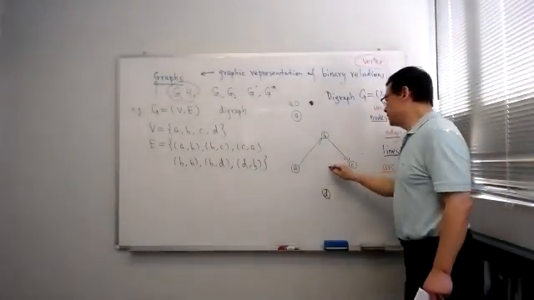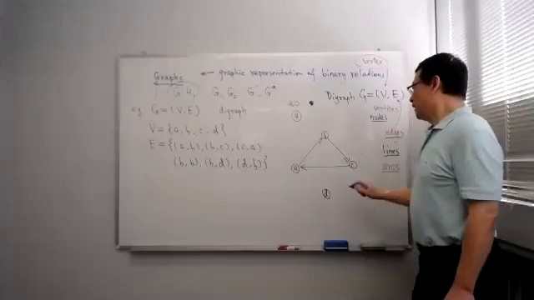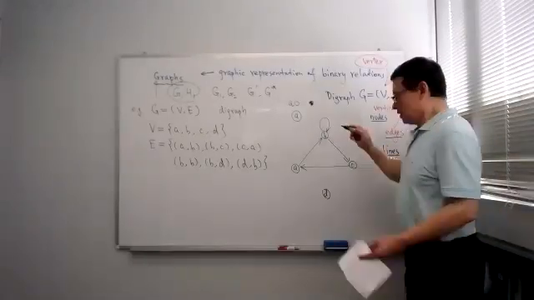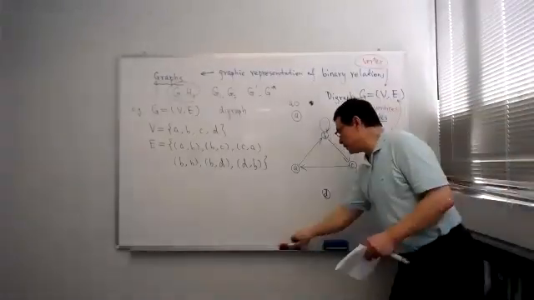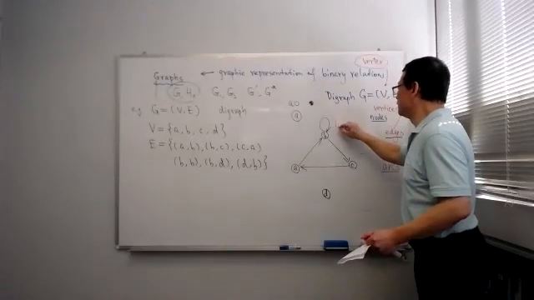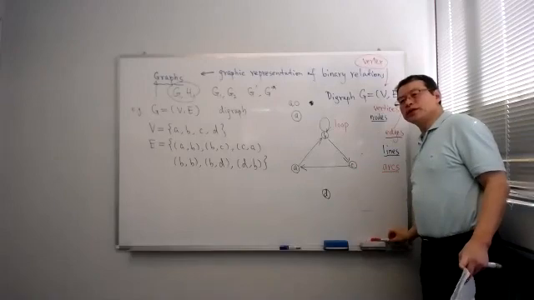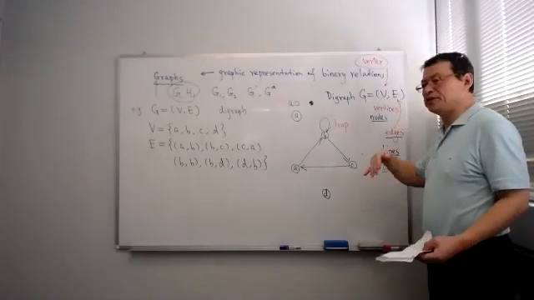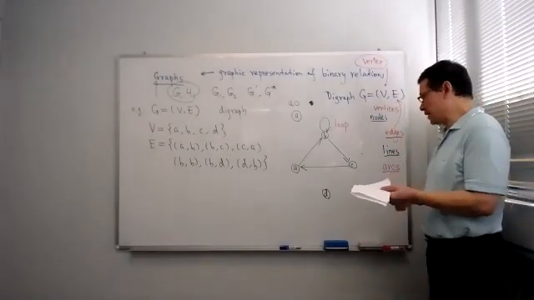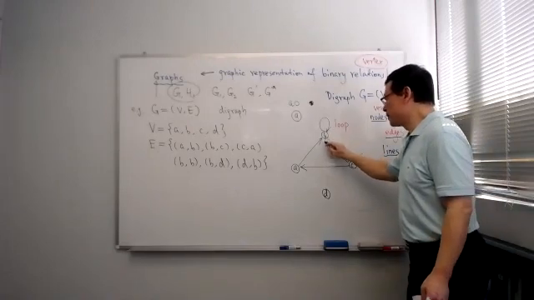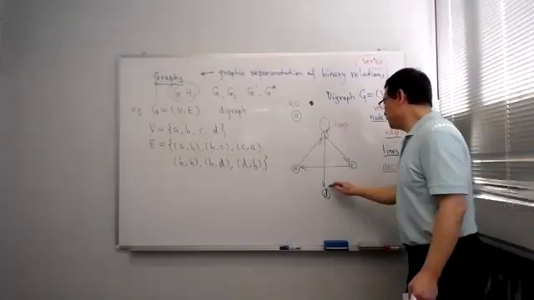Then BC and CA and BB. This one is called a loop. Very often we don't care too much about loops, so we may just ignore it. Then BD and DB.